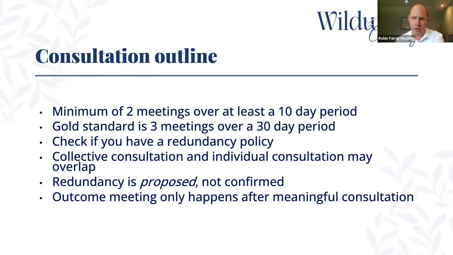And then only the third one, if there is no suitable alternative employment, is confirmation of redundancy. So you tend to find, especially in very large organizations, they will tend to do the consultation over a 30-day period. In public sector, it's a minimum of 30 days, and normally they're written into their redundancy policies anyway.